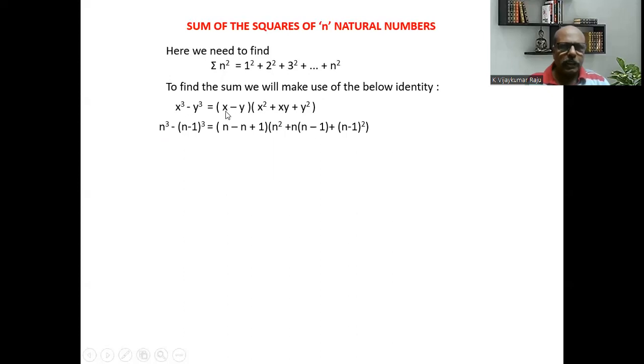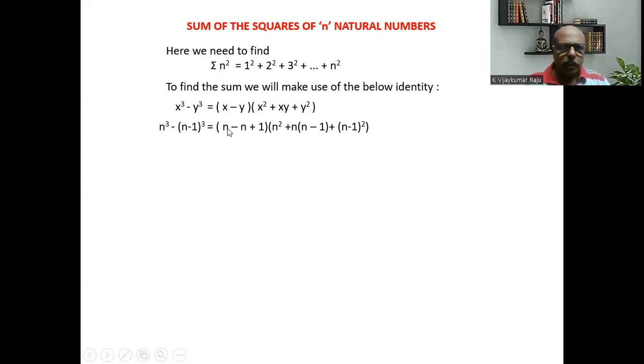The first bracket is x minus y, so x is n, y is n minus 1. When you open the bracket, it becomes minus n plus 1. The second bracket, we will have x is n, so it's n², plus x is n, y is n minus 1, plus y is n minus 1 whole square.